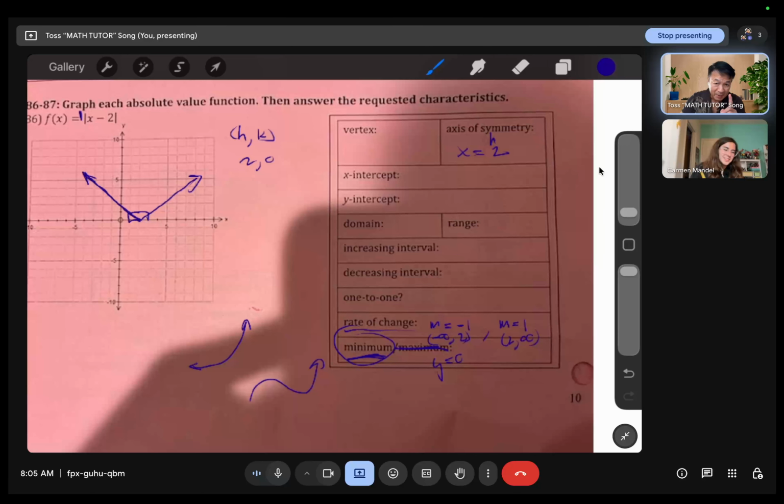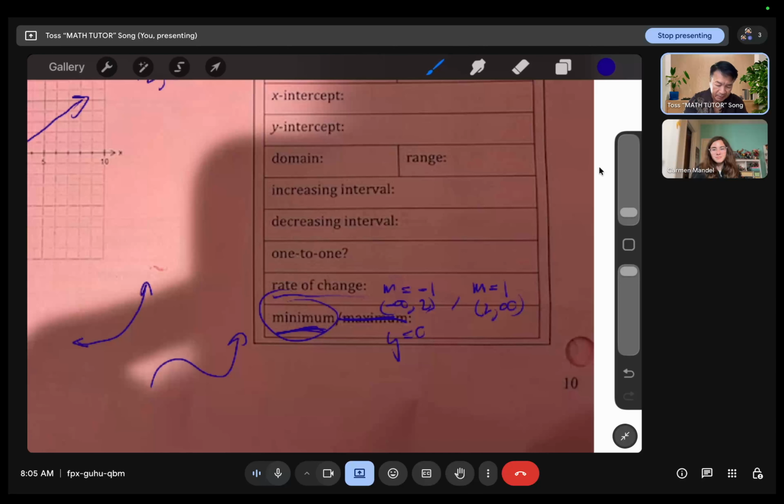So that means this is pre-cal territory, because teachers in pre-cal don't actually accept just max and min. They will ask you this way. You can switch them around. You can say at x equals 2, max or min; in this case it is min equals 0. See that? That's how they do it in pre-cal, or y equals 0.